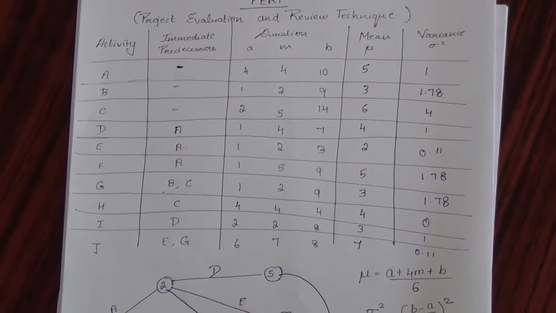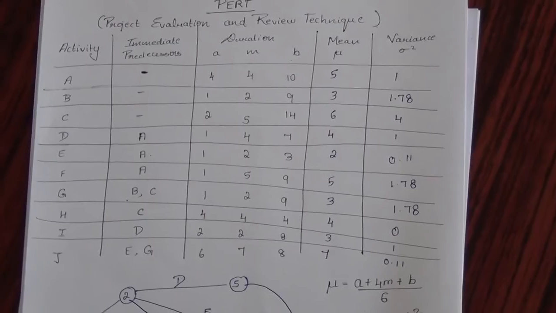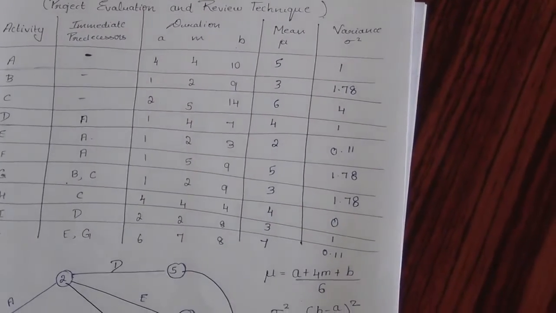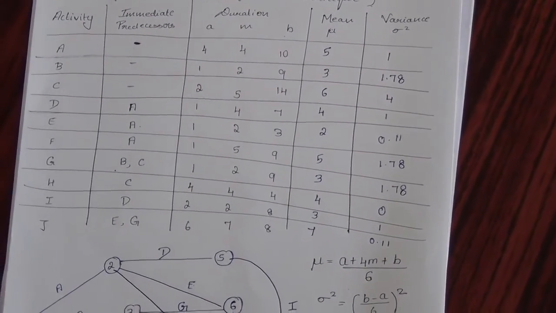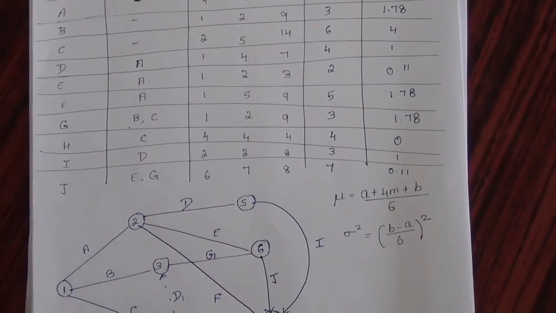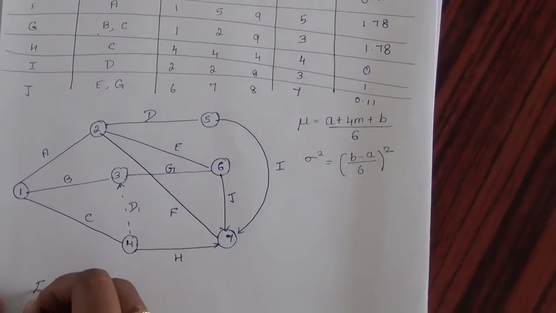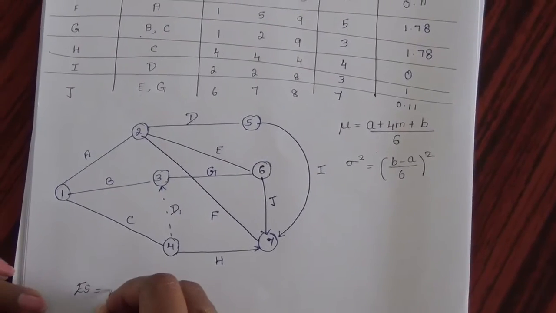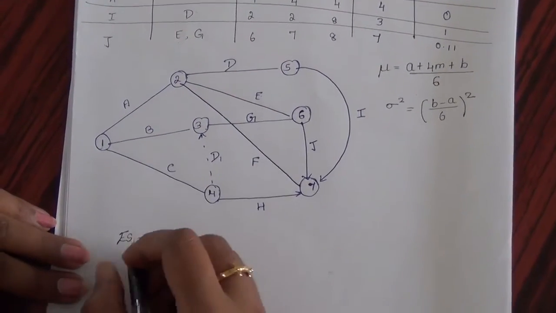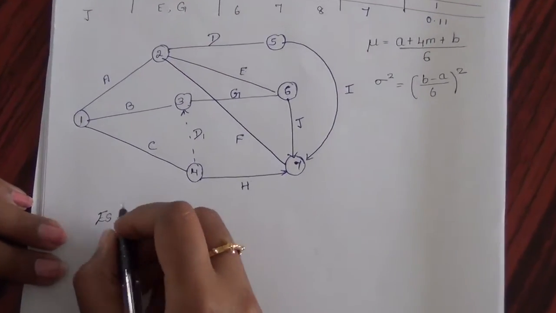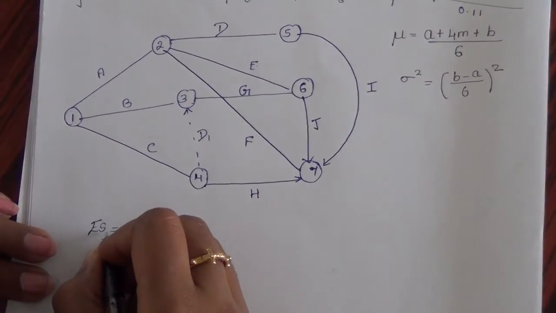Now let's go to the third question. It is used to find the critical path. Now for finding the critical path, we need two components, earliest start time and latest completion time. Earliest start time formula will be the maximum of, so first I am going to calculate the earliest start time of one activity, which I am representing as j.